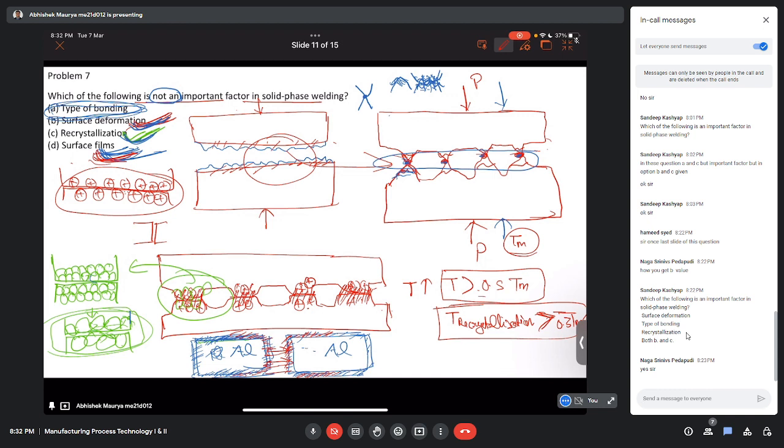Therefore the correct answer for this is A. The option A, the type of bonding, is not an important factor for solid state welding, or we cannot control it. We don't have any control on the type of bonding. So that's why option A is correct.